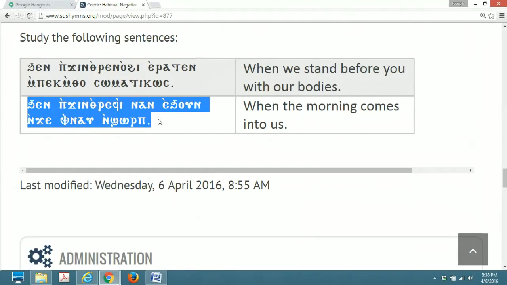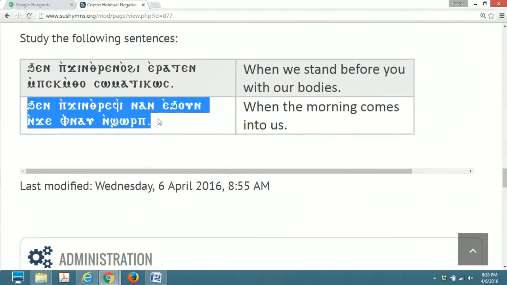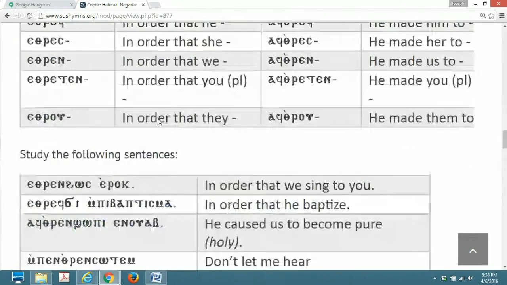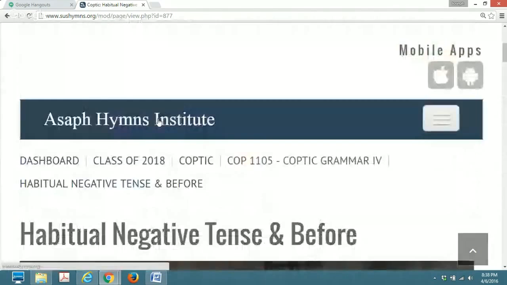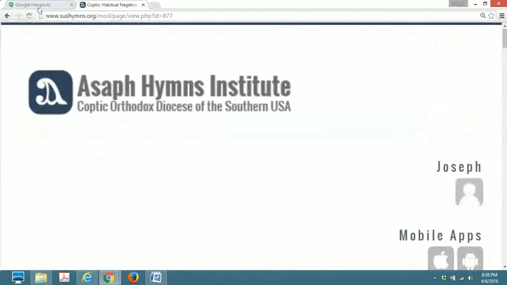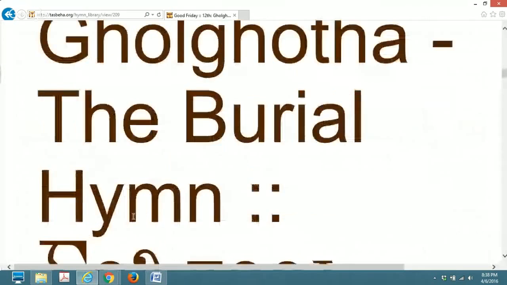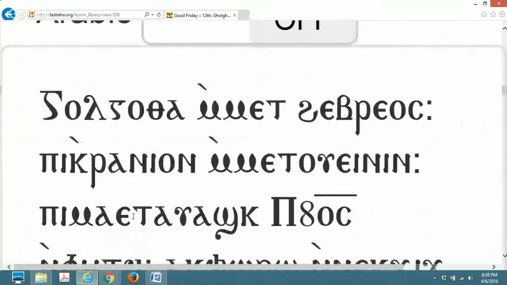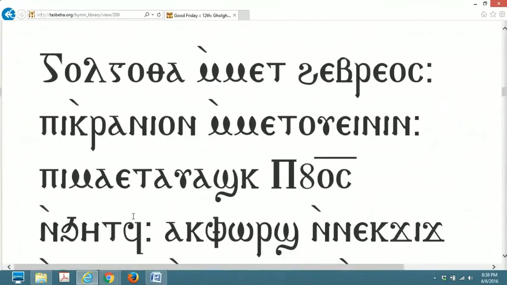okay, so that's it for today's lesson. So we can just go through some things like we normally do. And I figured that we're getting very close to Good Friday, so we can start going through and translating. It's one of my favorite hymns.